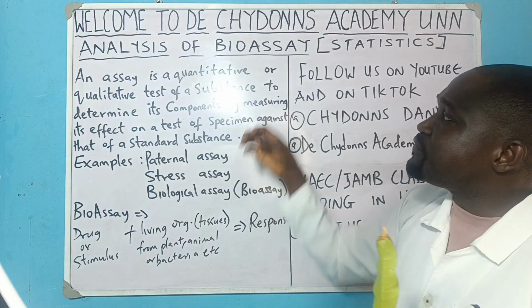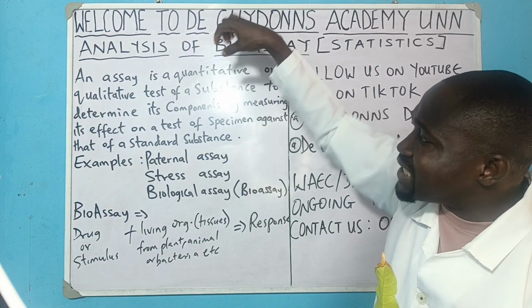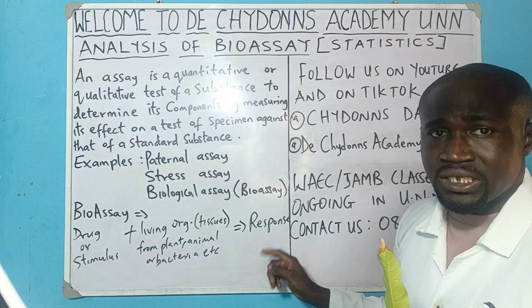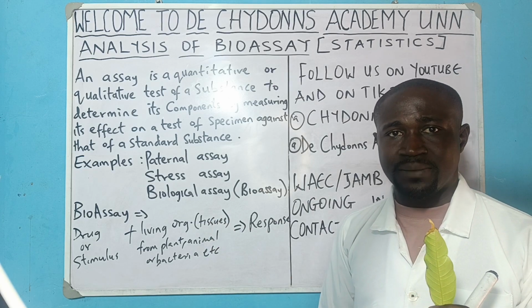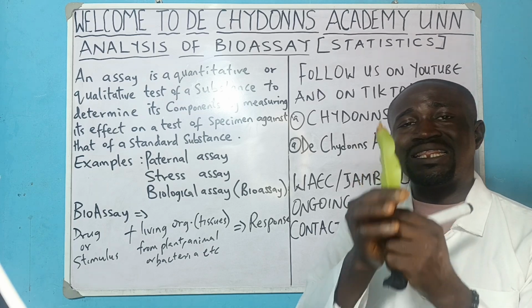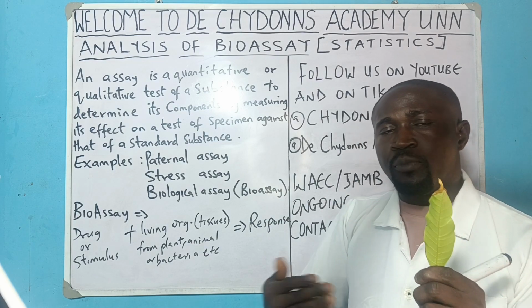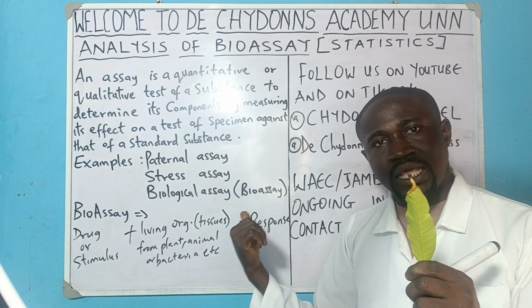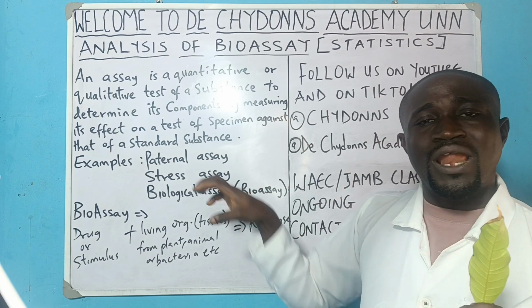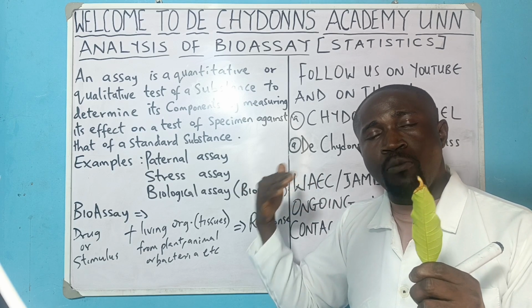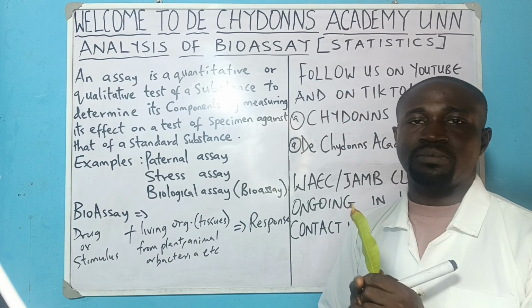So the quantitative outcome or quantitative aspect of bioassay, the quantitative response of it, helps you to do comparison, helps you to know whether the test substance is more efficacious and more potent than the standard one, or whether the standard one is more efficacious and more potent than the test substance.